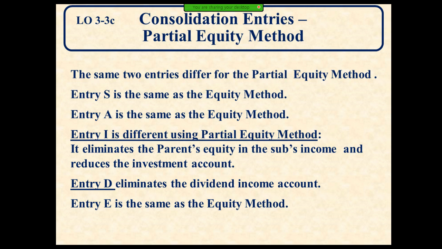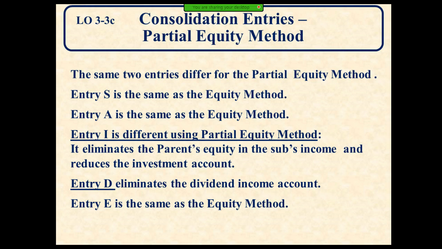So the parent's equity in the sub basically gets eliminated. It reduces the investment account. The D entry is going to eliminate the dividend income account, just like the equity method. The E account is going to be the same as the equity method.